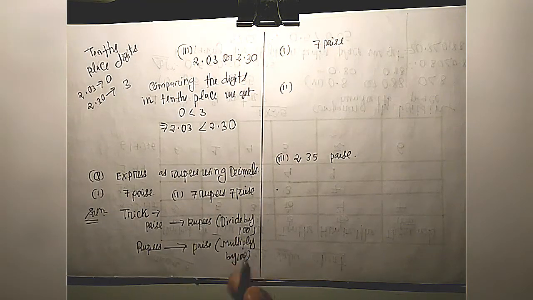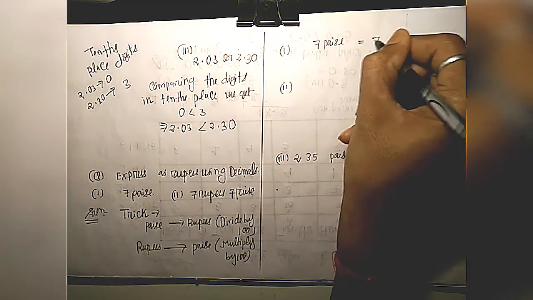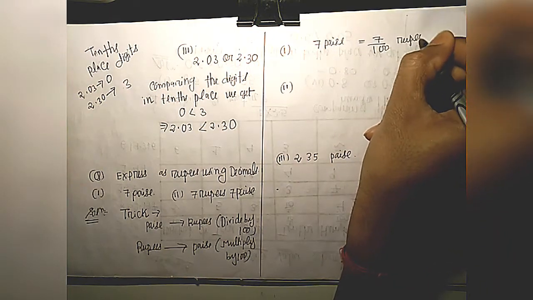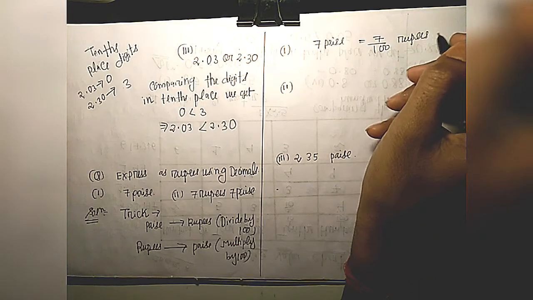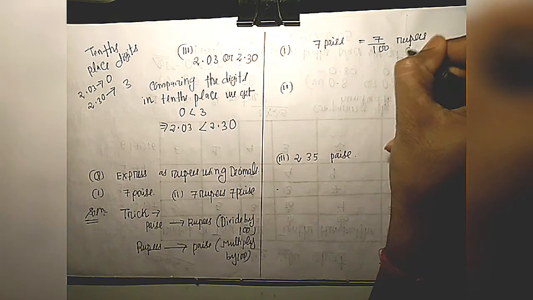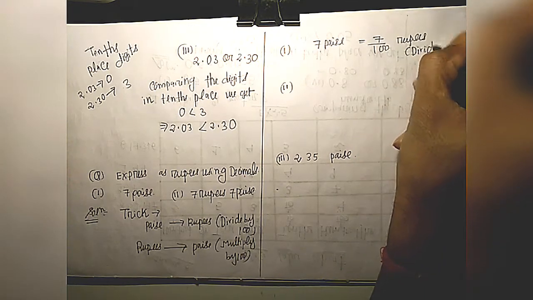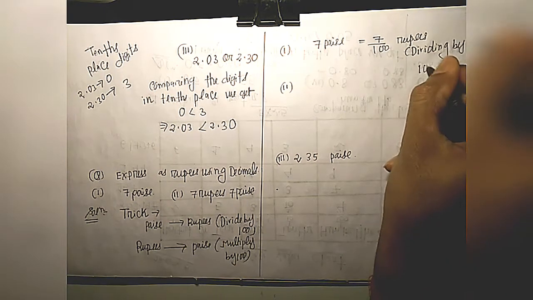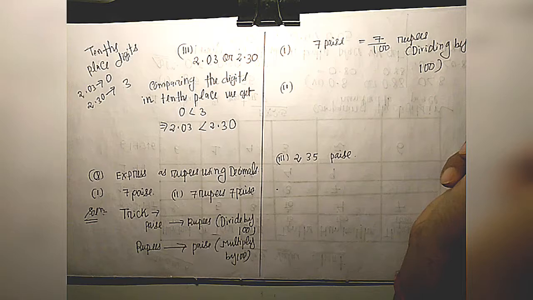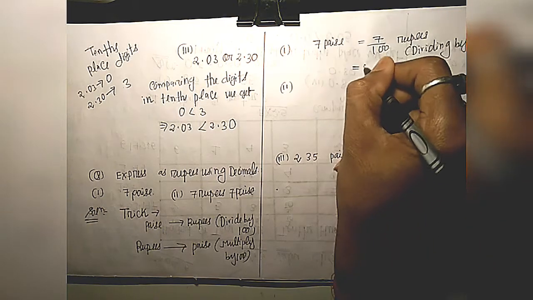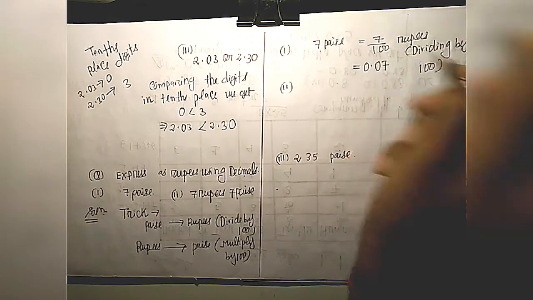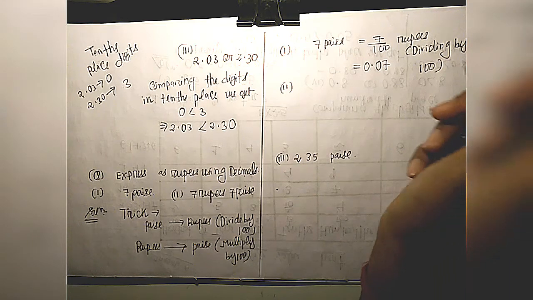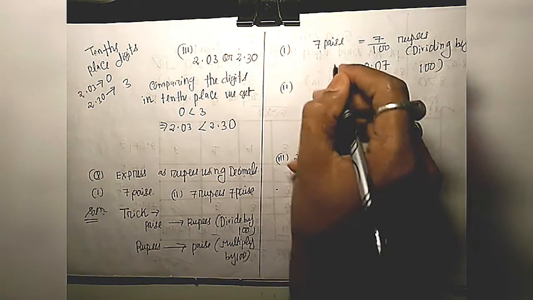Paise to rupees means dividing by 100. 7 divided by 100 is 0.07 rupees.